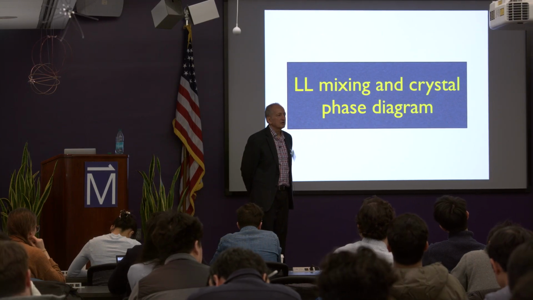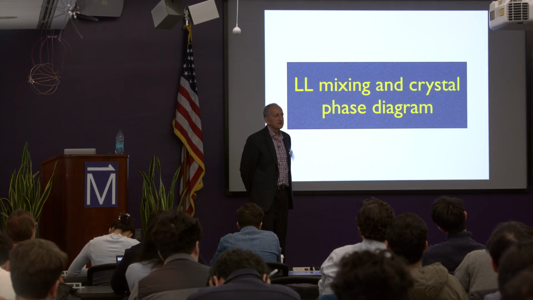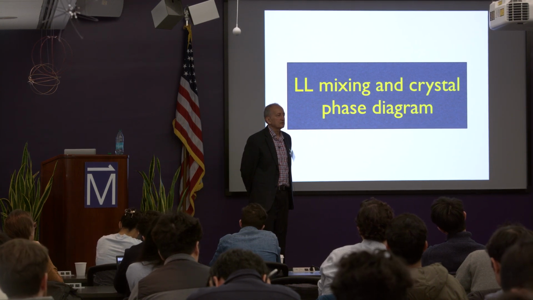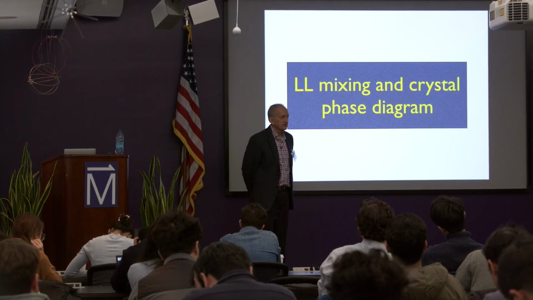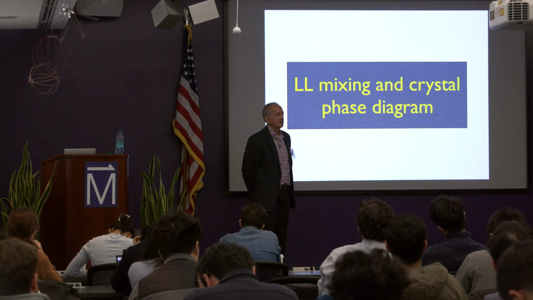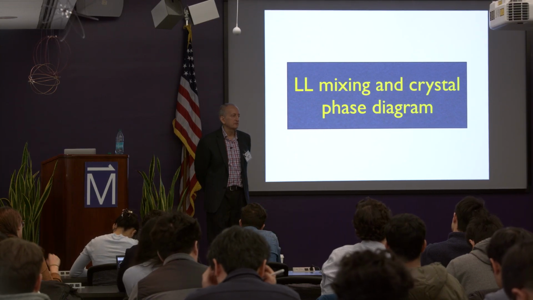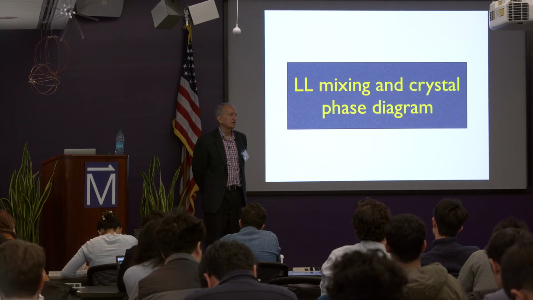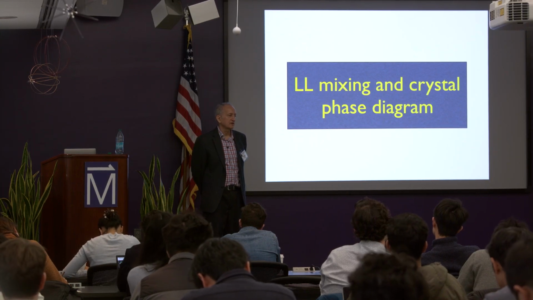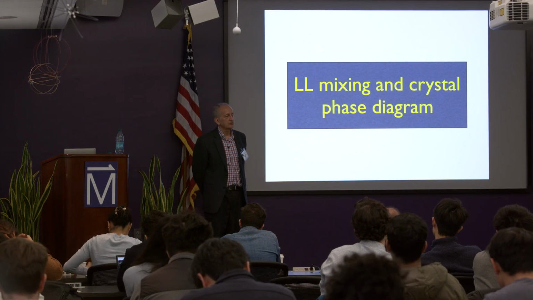The thing is that on the torus, people knew how to write the wave function for the Laughlin state and the quasi-hole of the Laughlin state, and nothing else. It's only relatively recently, maybe 5 years ago or so, that a student of mine, Songyang Pu, figured out how to construct wave functions of all fractional Hall states on the torus.